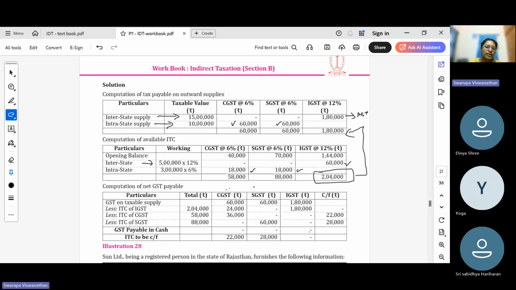Okay. So we need to see what is the balance liability in CGST and SGST. If you see, there is 88,000 credit available in SGST. So I have more credit in SGST and my liability is only 60,000. So I have enough SGST credit to adjust against my SGST liability.